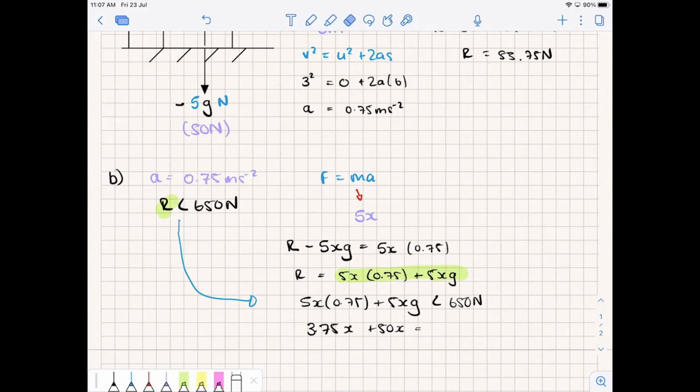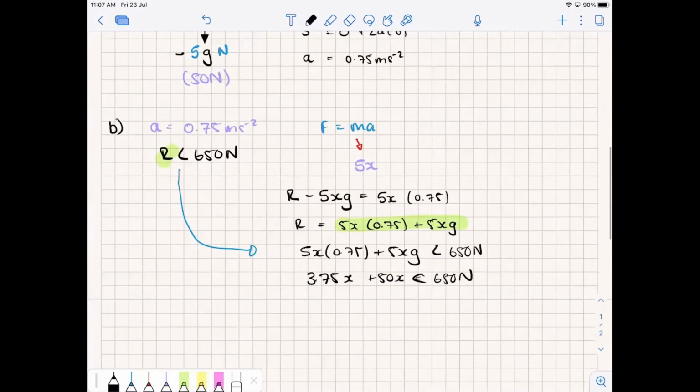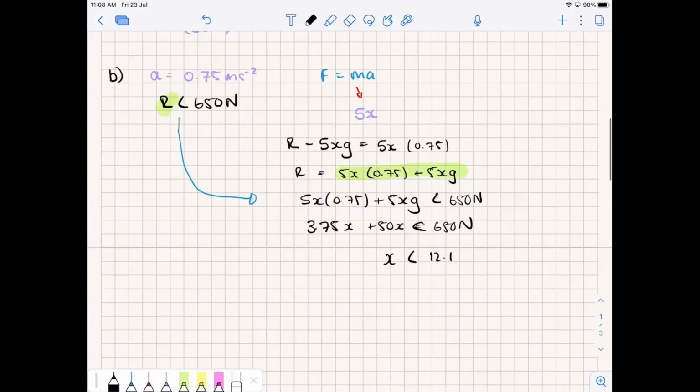Okay, so we'll add the x's together and divide that number into 650, and so we get x must be less than 12.1. Okay, x is the number of blocks. So in order for the pallet not to break, there must be fewer than 12.1 blocks, except they didn't tell us we can chop little bits of the block up. So my final answer will be that there can be a maximum of 12 blocks.